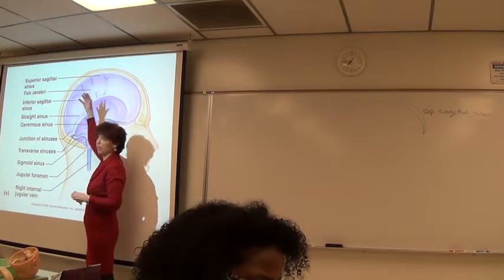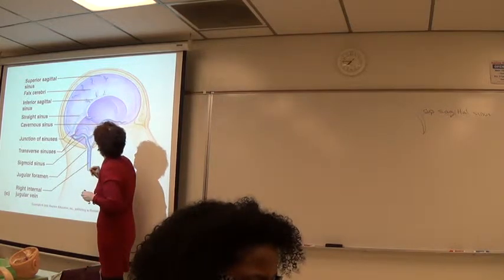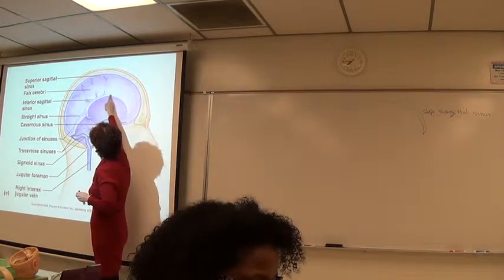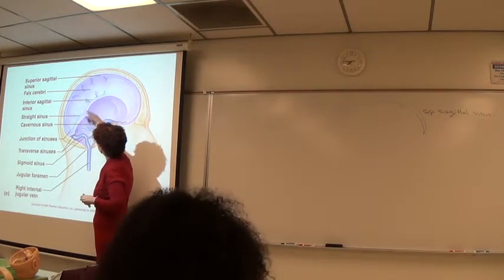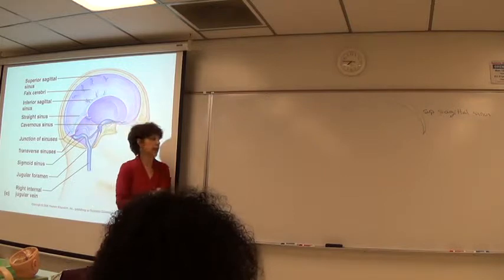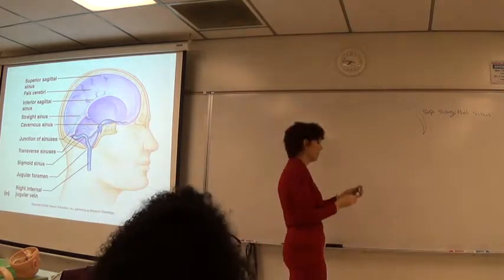Following these little blue things are the cerebral veins draining into it. Following the curvature of the corpus callosum and the inferior border of the falx cerebri, we have the inferior sagittal sinus. It's not quite as well defined.